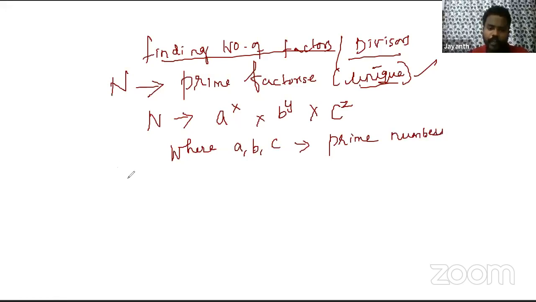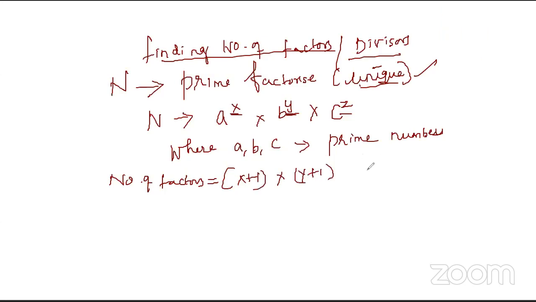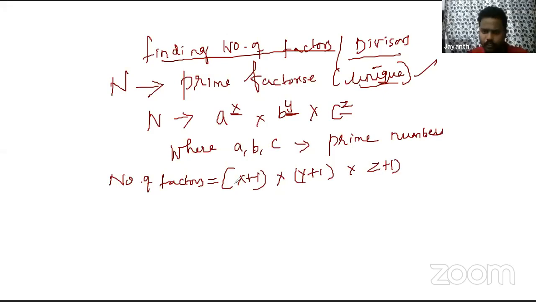To find the number of factors, take whatever is in the powers and add 1 to each: x plus 1 into y plus 1 into z plus 1. The product of the powers plus 1 is the number of factors of the number. That is what you have to do.